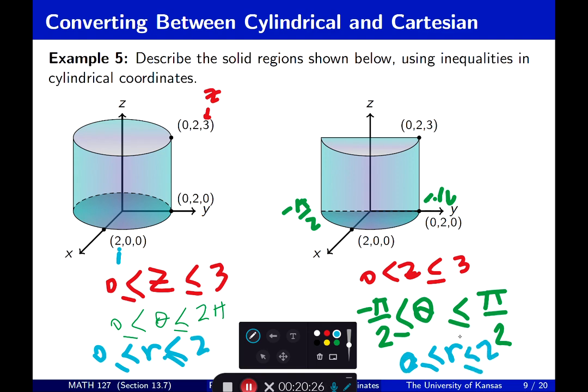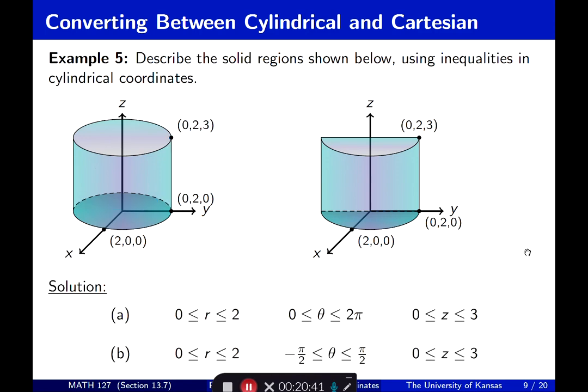Again, when you're inside the cylinder, let's say at this point, R is definitely less than 2. But on the boundaries of the cylinder out here, R is equal to 2. So this is a good exercise, and you can practice on it to realize how the cylindrical coordinates work.